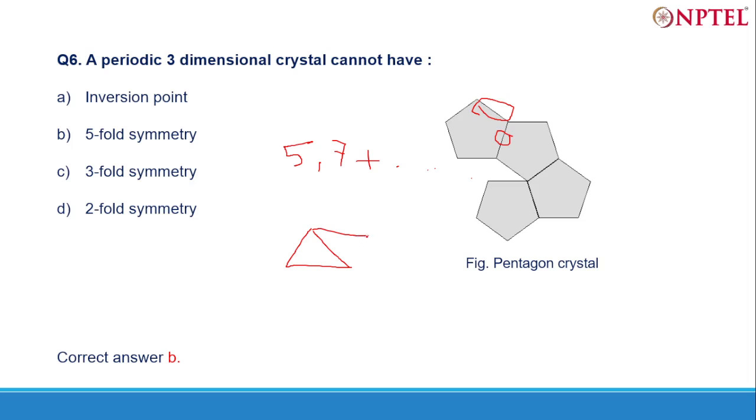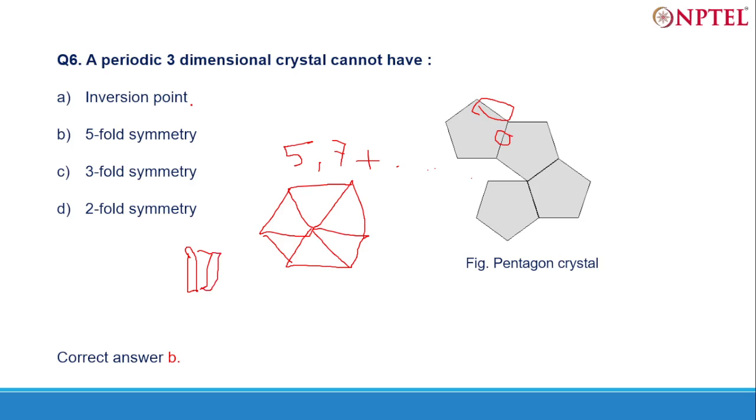We can put a triangle here, here, and here. You can see it forms a closed space. But here you see that it cannot form a closed space. Similarly for two-fold symmetry, it can be closed, closed, closed, not here.